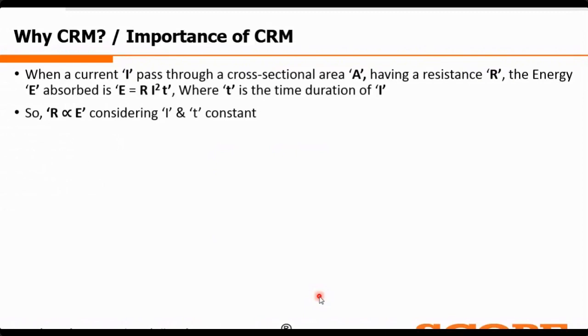Now, because of the heating, even after the fault is gone, the circuit breaker will be closed again and the rated current will flow through the circuit breaker. But because of the heating across the contacts, when the rated current flows through the circuit breaker, the heating will continuously happen.